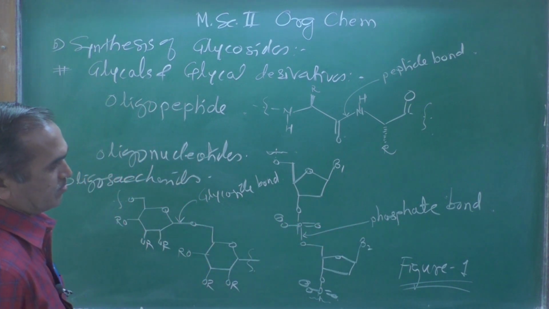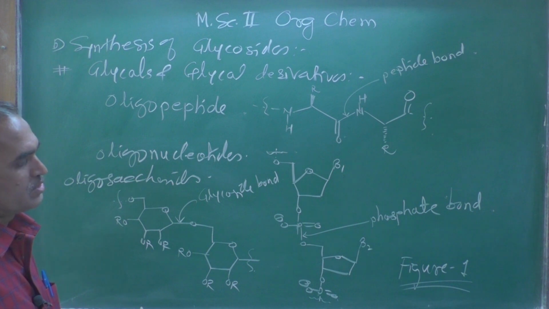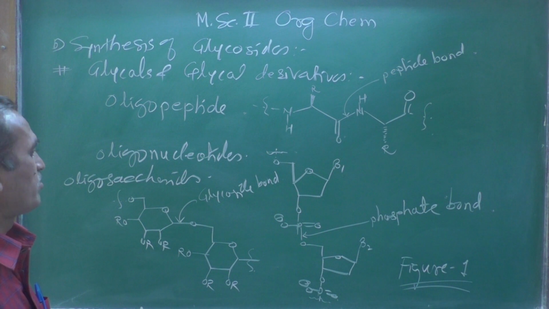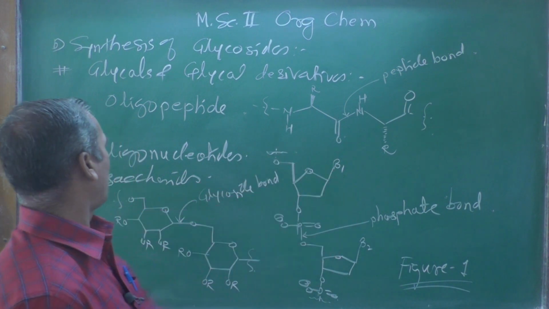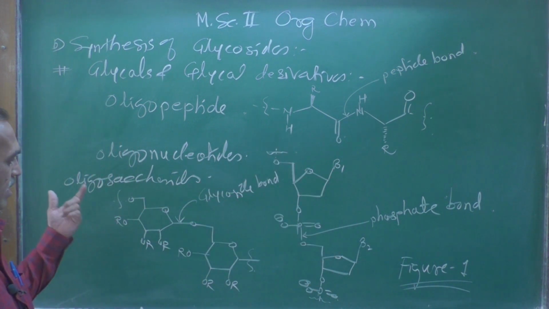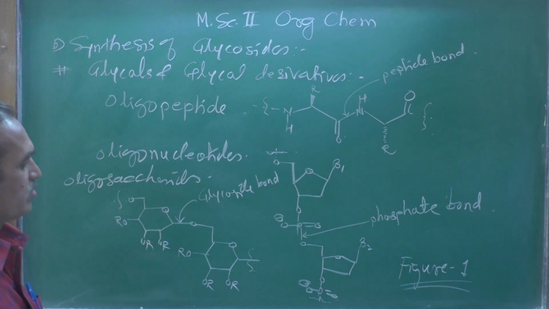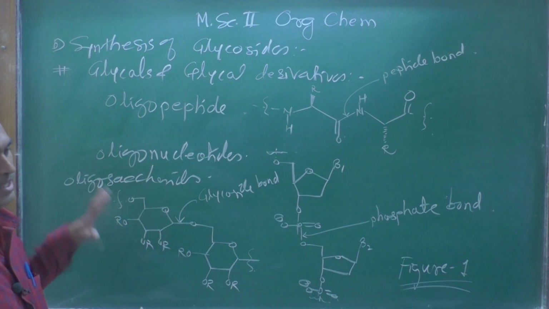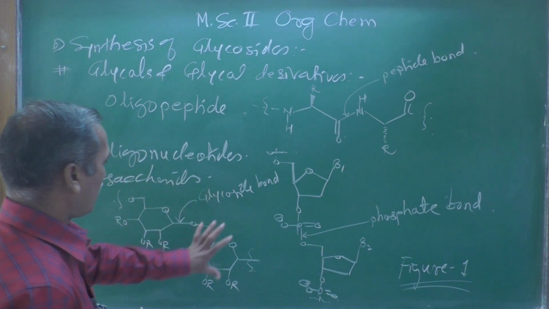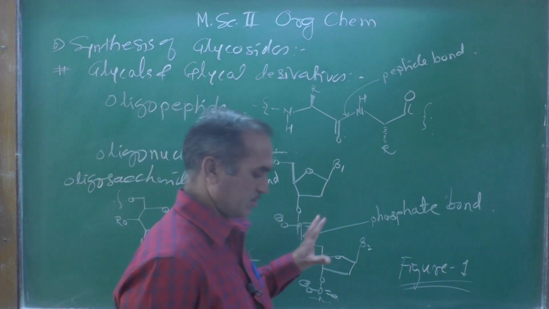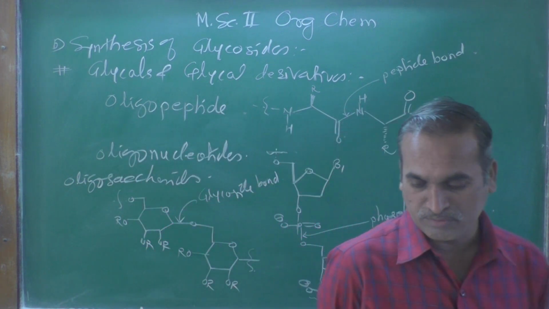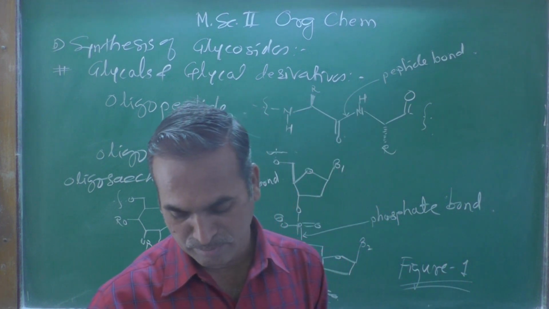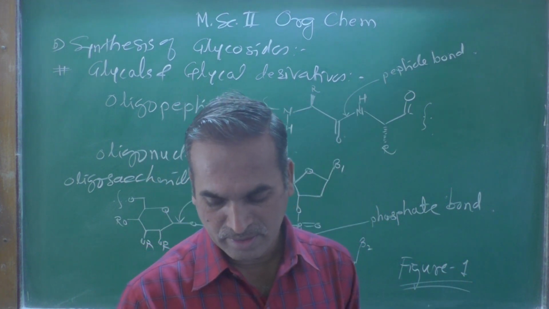How that phosphate bond is formed among these deoxyribonucleic acids. Then the oligosaccharides, where you can observe how the glycoside bonds are formed, and everything else remains the same. We have seen this in figure number 1, the alpha and beta linkages.